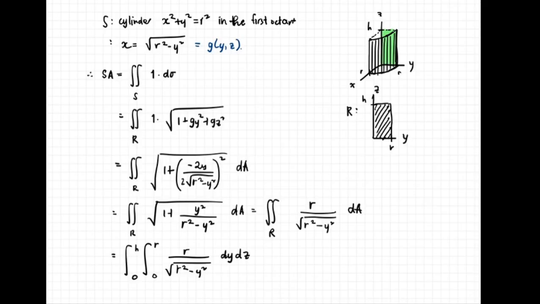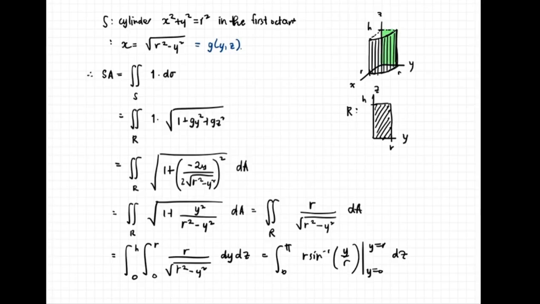With respect to y, notice we could use here the sine inverse function. So we have the integral from 0 to h with respect now to z of r times sine inverse of y over r, evaluated from y equals 0 going to y equals r dz.